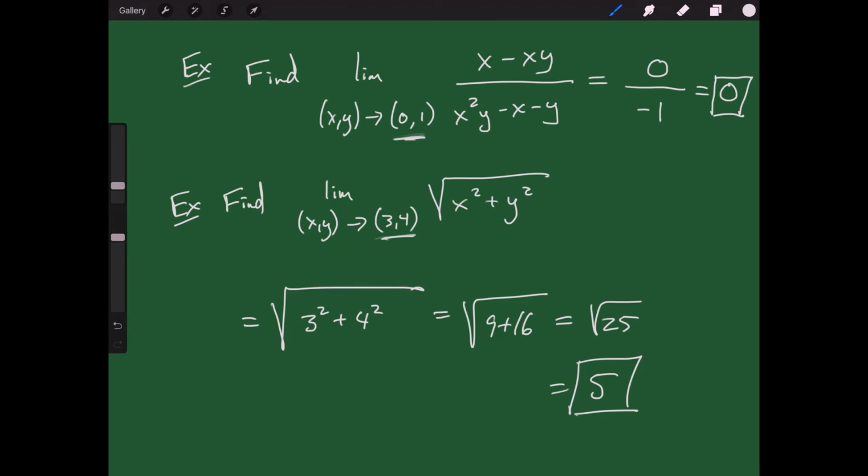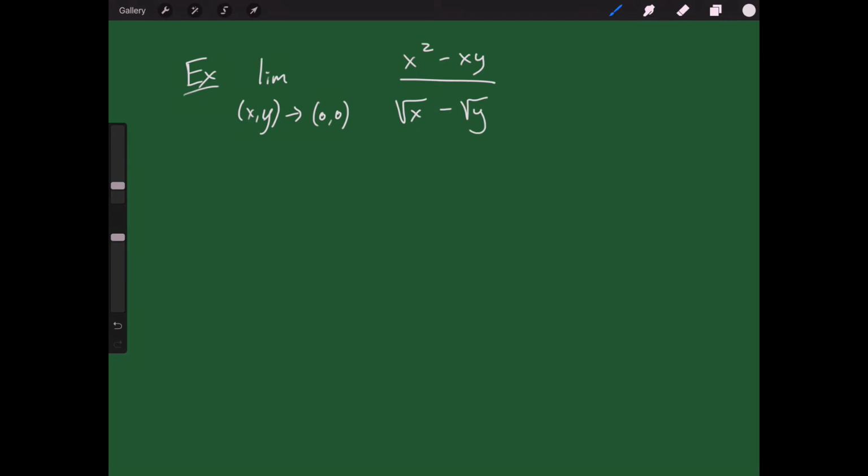So we should probably look at an example where we do get some division by 0 and see what we do. Okay, let's try this one. Let's take the limit as (x,y) approaches (0, 0) of (x squared minus xy) divided by (the square root of x minus the square root of y).